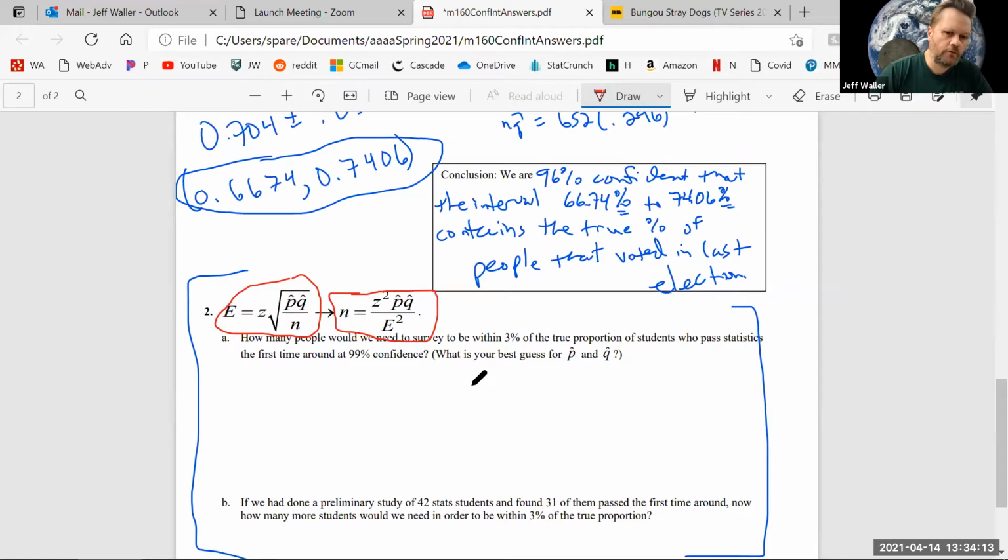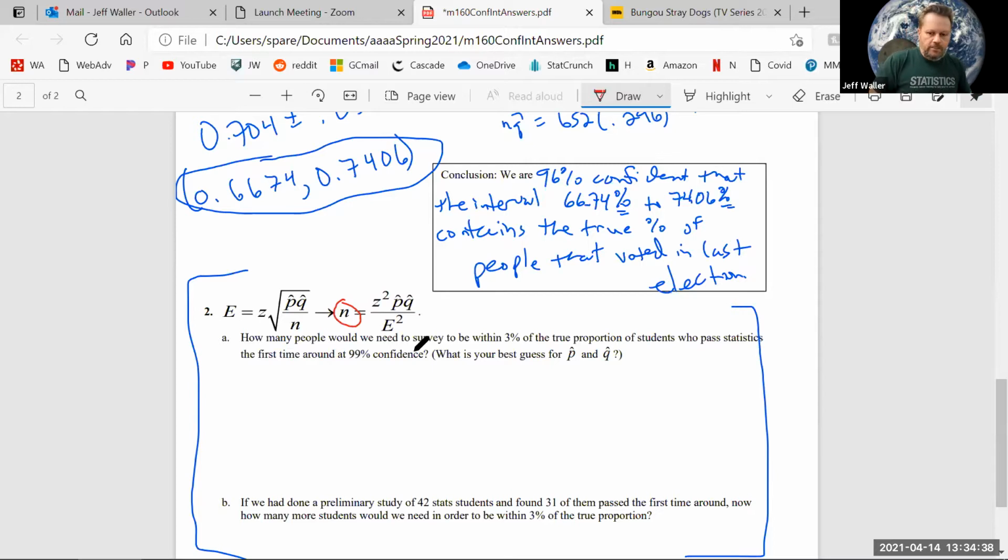This is the formula I would use if the question said something like, how many people or how many things or how big of a sample? Because that's what n means, the sample size. So it kind of makes sense. That's the formula I would use if they're asking me to figure out a sample size I need.